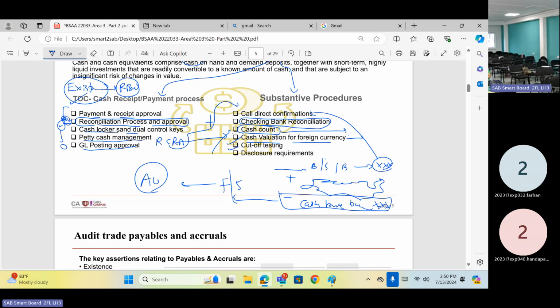All the cash receipts should be recorded for the exact period, and all the cash payments should be recorded for the exact period.